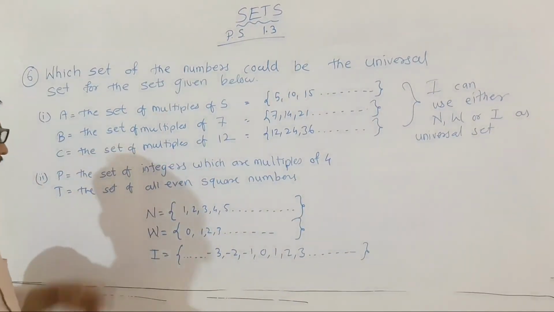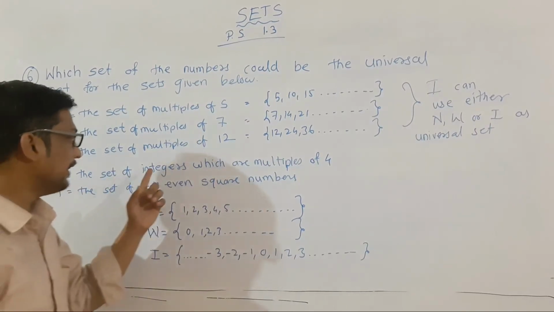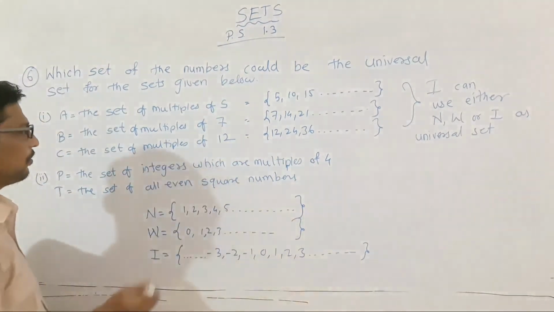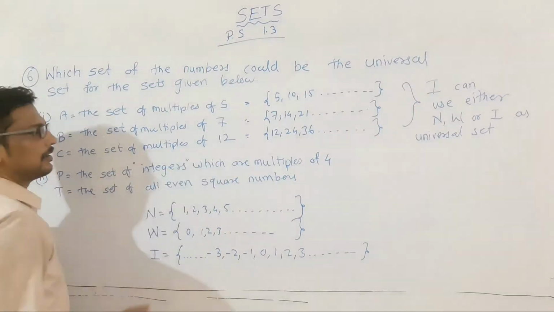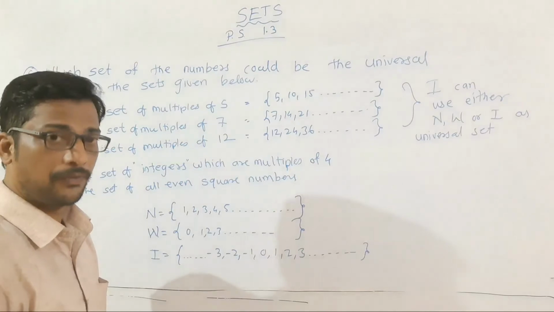Fine. Now here they have given me set P. Now what is set P? The set of integers which are multiples of 4.